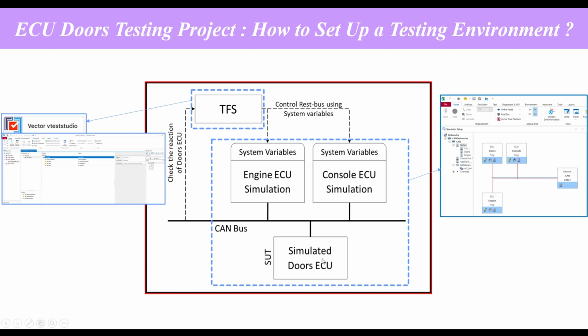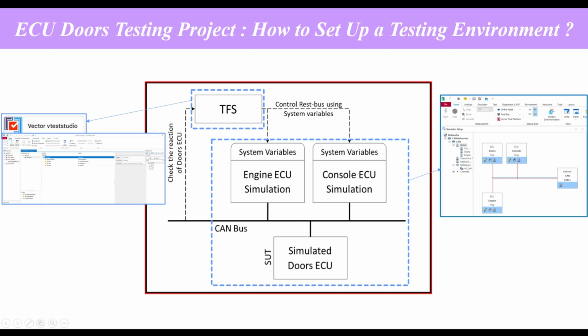Here the doors ECU represents our system under test, or SUT, and it communicates with other ECUs through the CAN bus, which is the main communication network used in our example project.